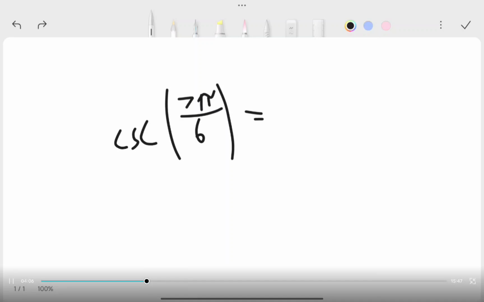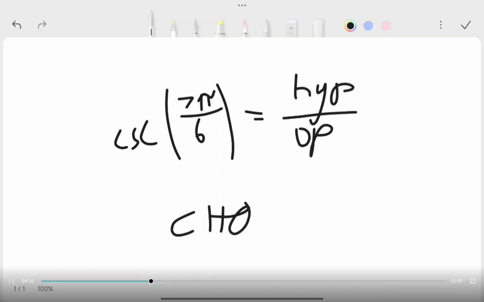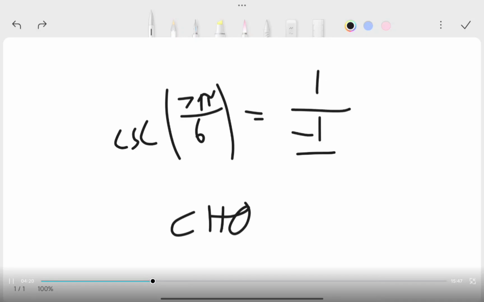So let's proceed to our cosecant. Cosecant is the reciprocal of sine, or the hypotenuse over opposite. Our hypotenuse is 1, our opposite is negative 1/2, so the value of cosecant is negative 2.